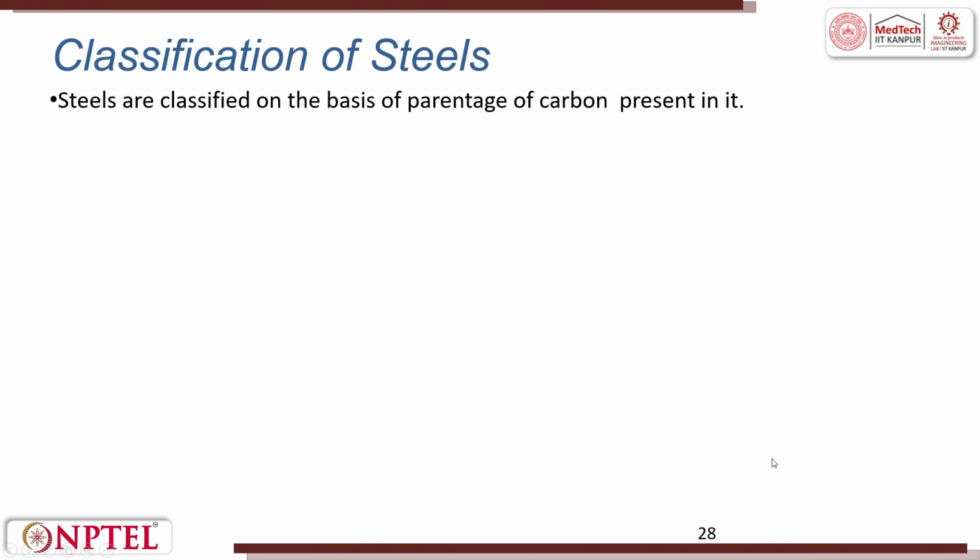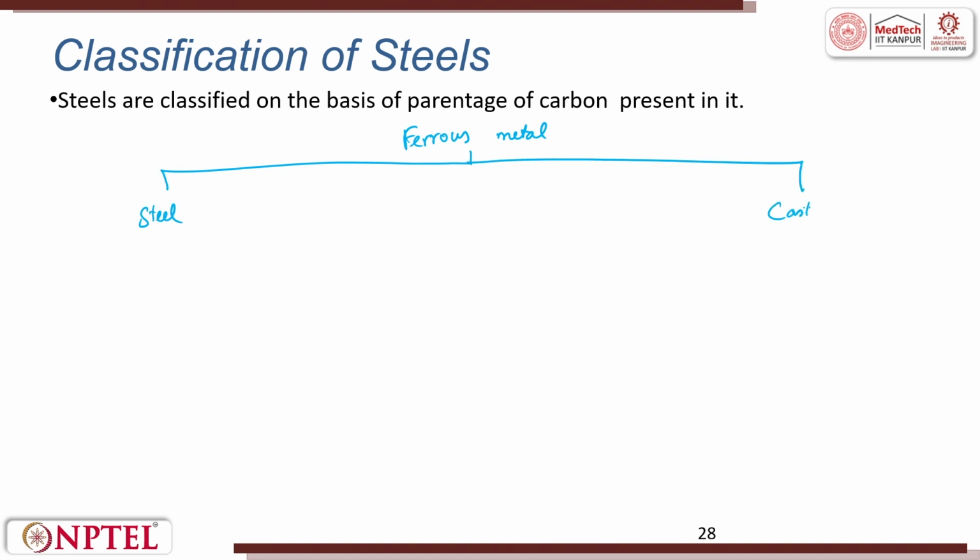When we try to classify steel, ferrous metal can be classified into steel and cast iron. The only difference is in carbon content.